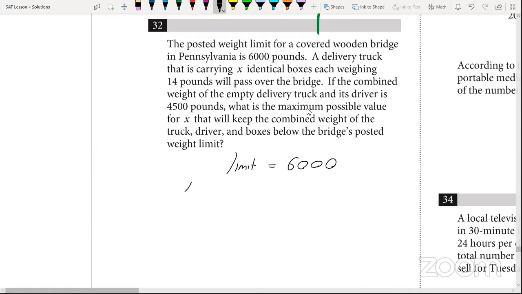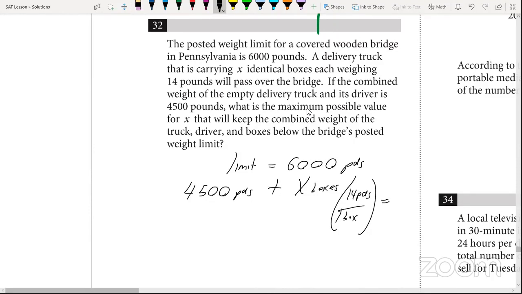The truck and the driver is 4,500 pounds, plus, and then for the boxes themselves, we have X boxes, and 1 box weighs 14 pounds.